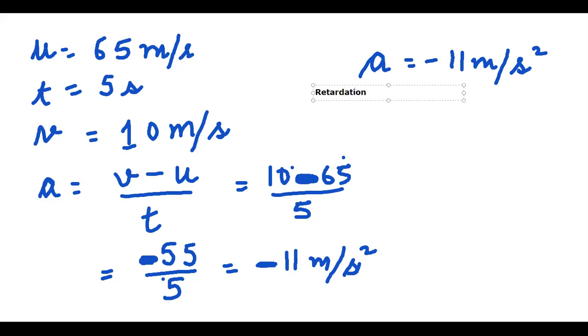Retardation can be written as simply 11 meter per second square. When we are writing retardation, we are not supposed to put a sign of minus. I hope this is clear. In this case, initial velocity was more as compared to final velocity.